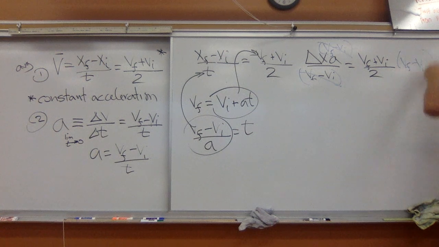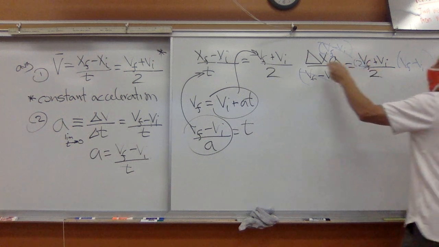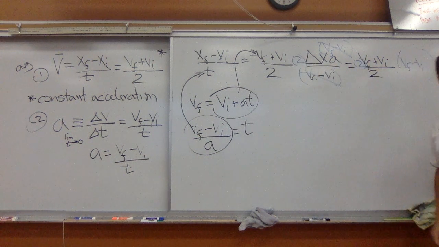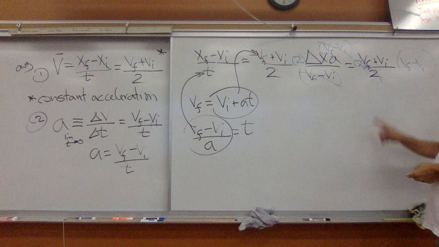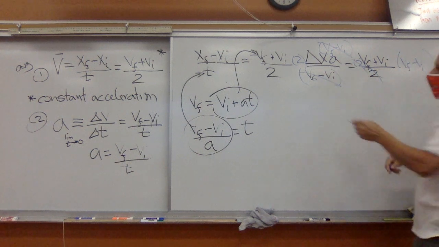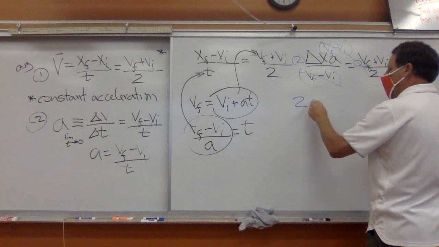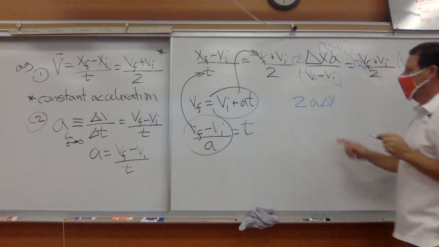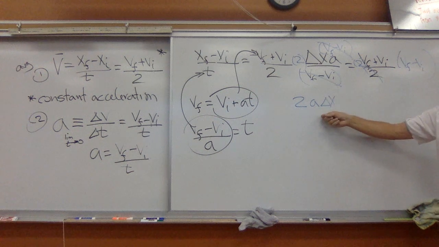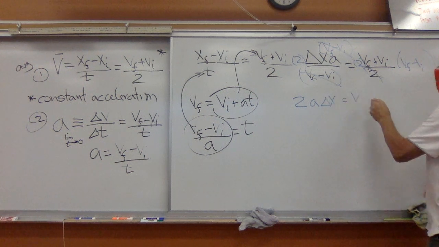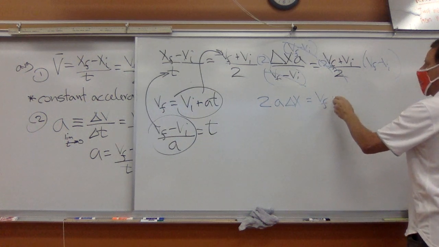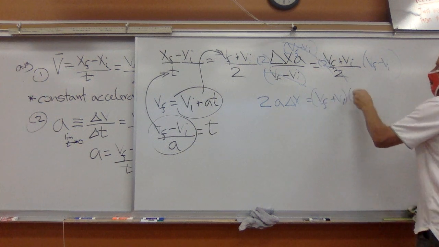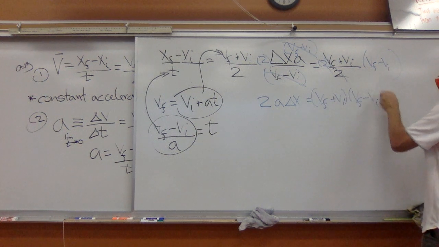We're also going to multiply both sides by 2, so it cancels out here. Now what we will have is 2a delta x, and that's going to equal v final plus v initial times v final minus v initial.